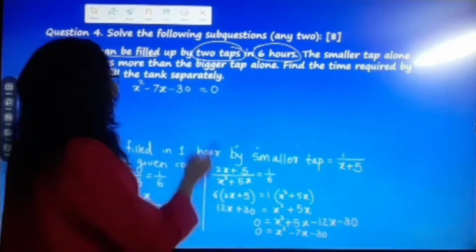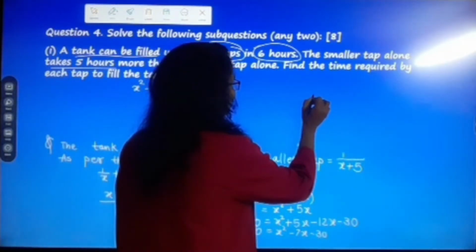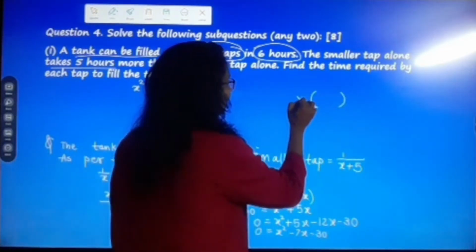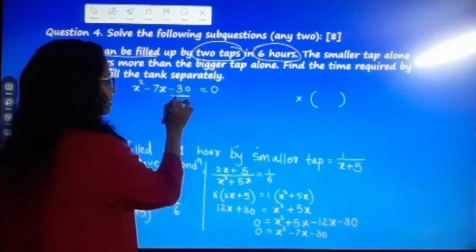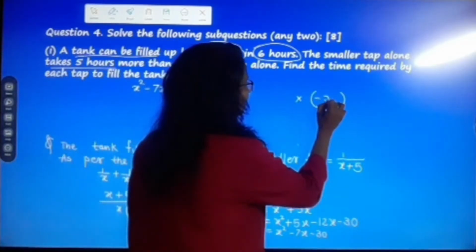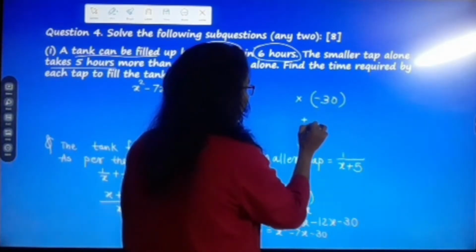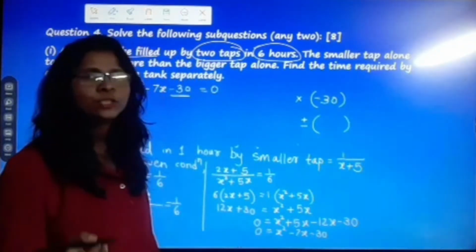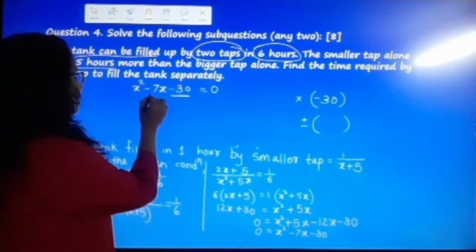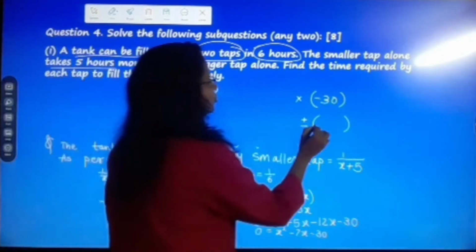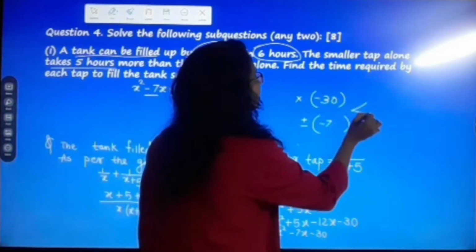Okay student, so here we want two numbers such that their product will be minus 30, and their addition or subtraction may be the minus 7. So which are these numbers?